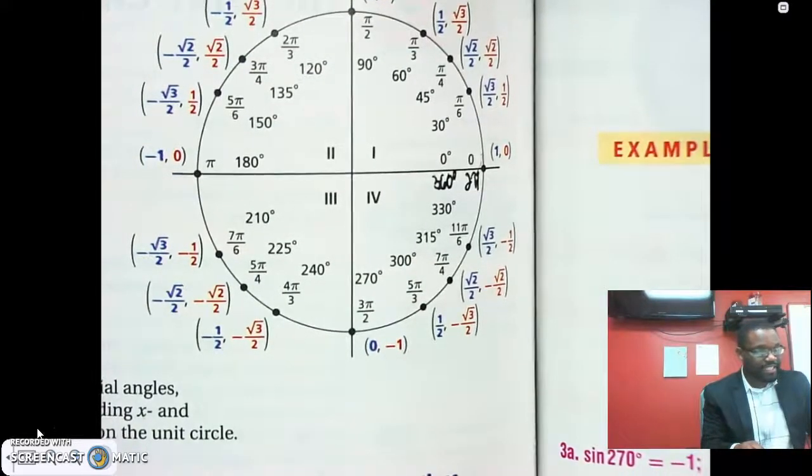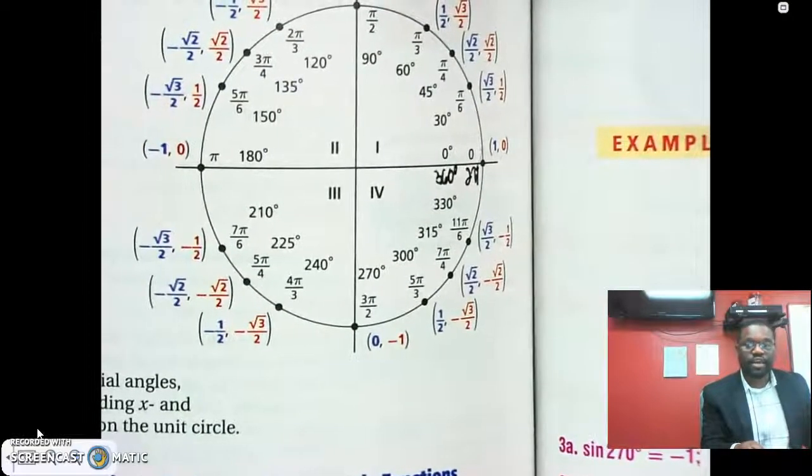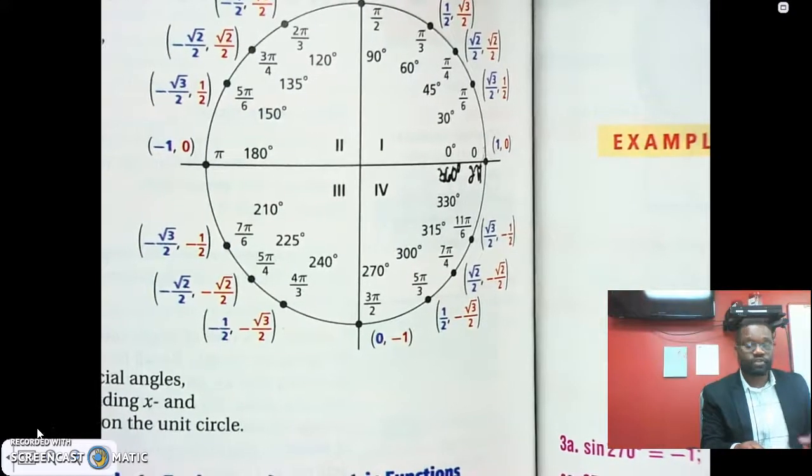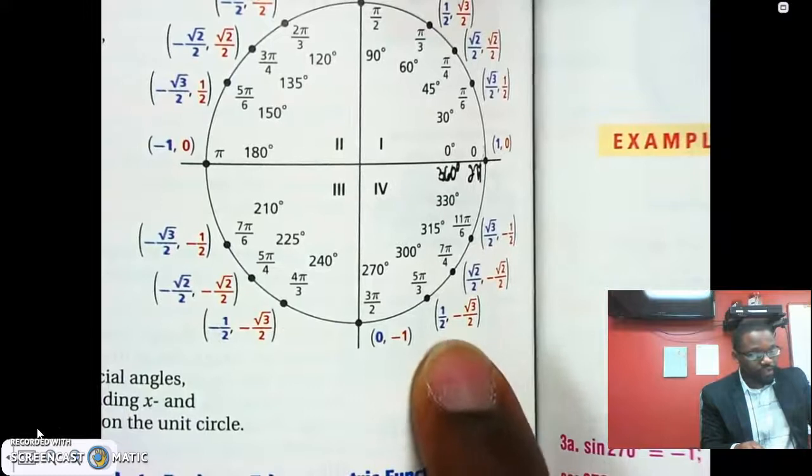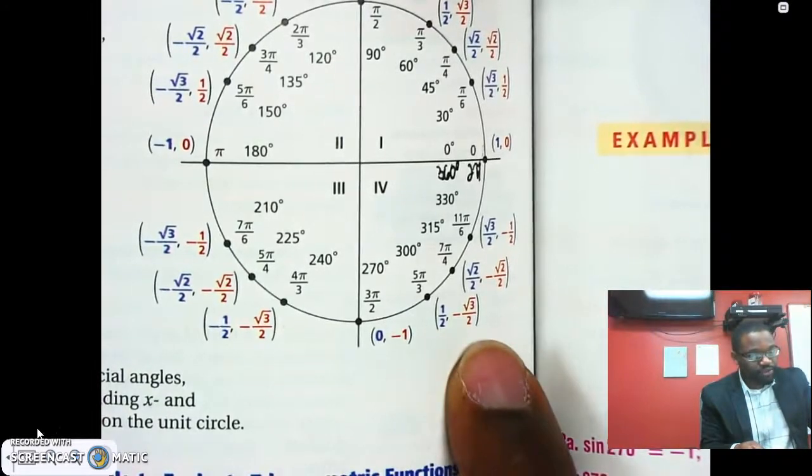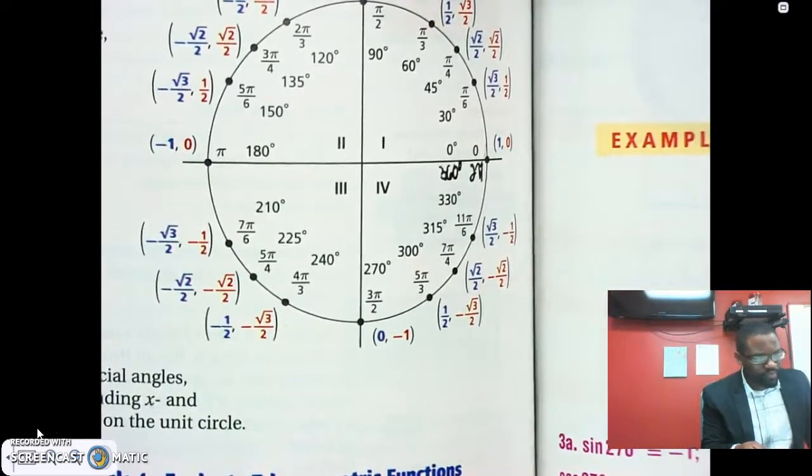Since they want the tangent, think about this. The tangent is always sine over cosine, because both of those are given: the 1/2 is cosine, the negative square root of 3 over 2 is the sine.